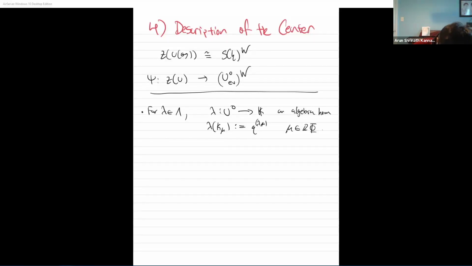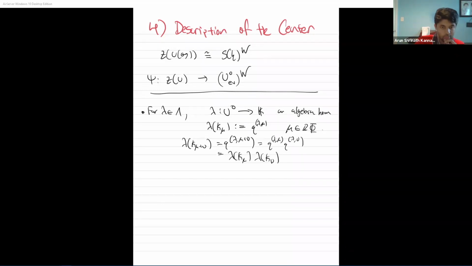We can show it's an algebra homomorphism. It's pretty straightforward: lambda of k mu plus nu is equal to q to the lambda mu plus nu, which is equal to q to lambda mu times q to lambda nu, which is equal to lambda of k mu times lambda of k nu, where nu is also in the root lattice. Okay, so we have this notation.